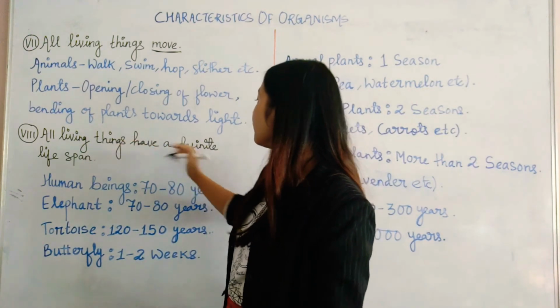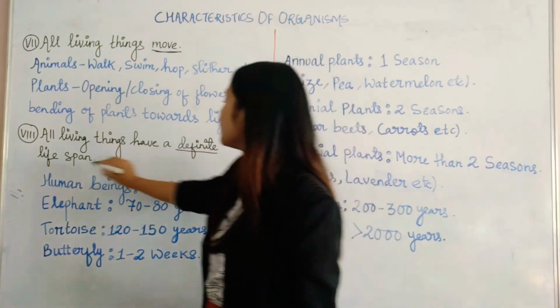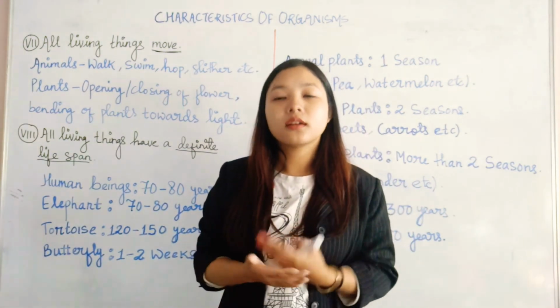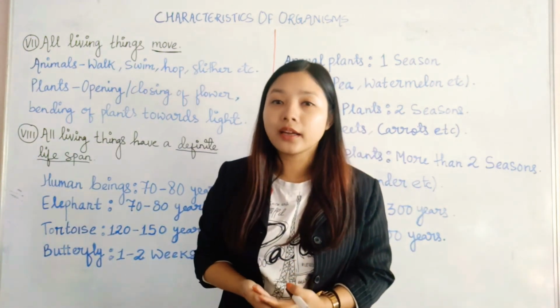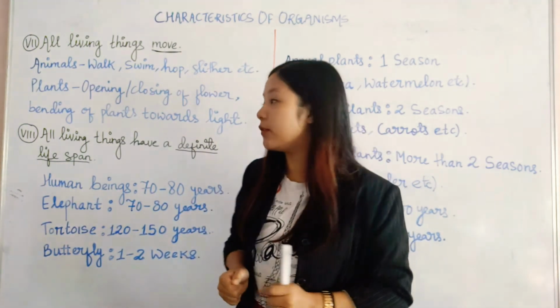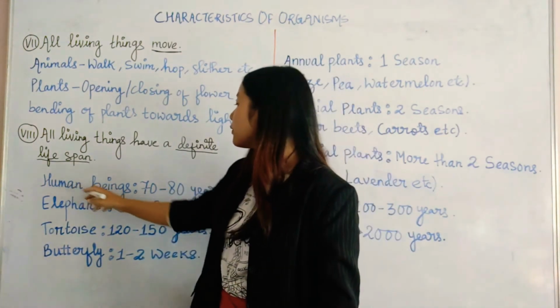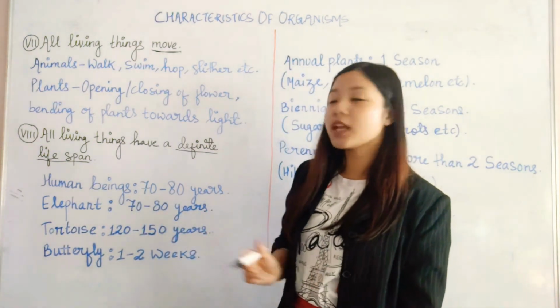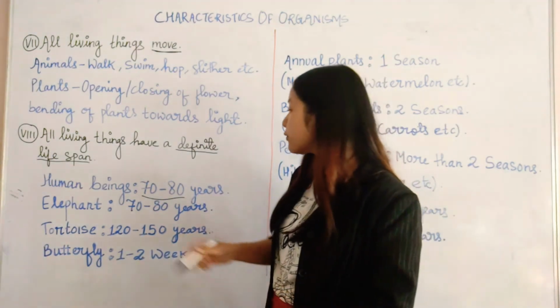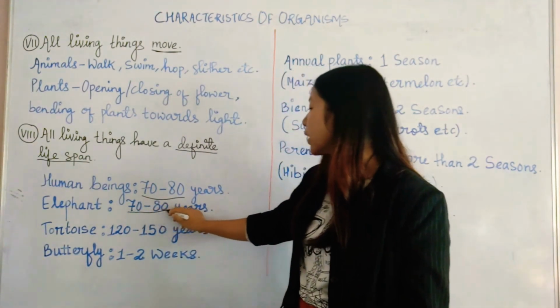Next is all living things have a definite lifespan. That means all living things ultimately they die. They will have a definite lifespan up to which they live. For example, in the case of human beings, our average lifespan is 70 to 80 years. In the case of elephants also it is 70 to 80 years.